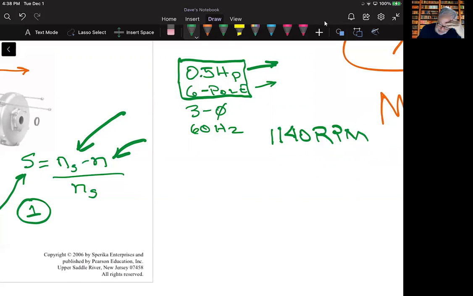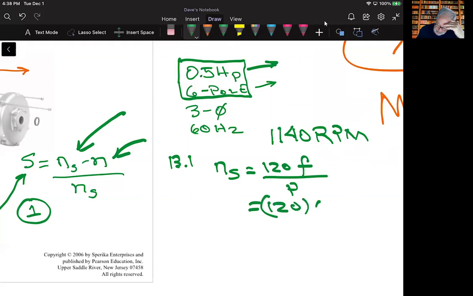This takes a little bit of creativity to get there, but if we go back to 13.1, which gives us synchronous speed, we can determine what the synchronous speed is because we know the frequency is 60. In all these calculations, most of the time in the United States, when we're talking about AC induction motors, this numerator is going to be 7,200 because we're at 60 hertz.